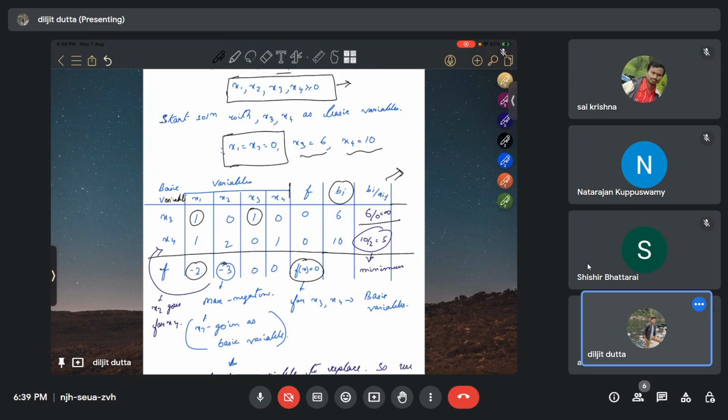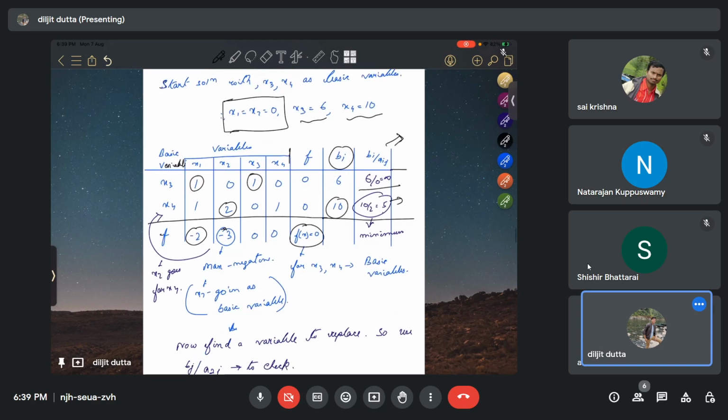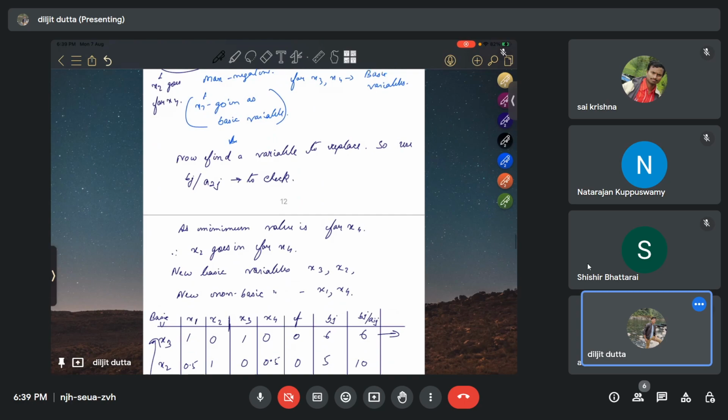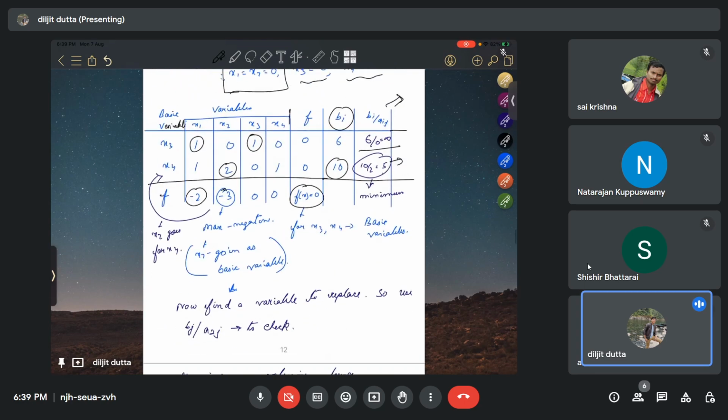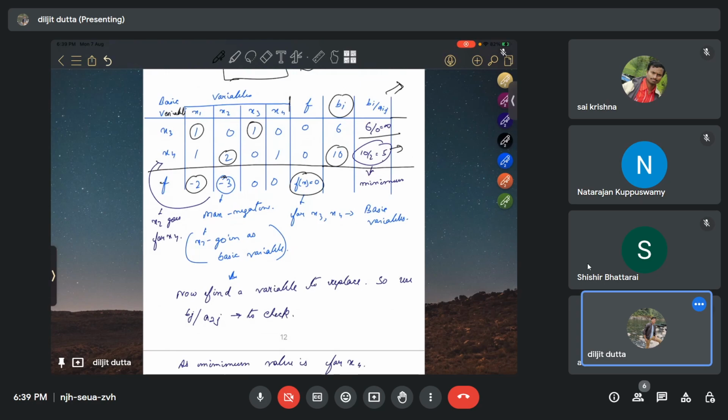For the first case it is 6 divided by 0, which is infinity, and for the second case it is 10 divided by 2, which is 5. The minimum is 5, so x4 will go into the non-basic solution and x2 will go into the basic solution.